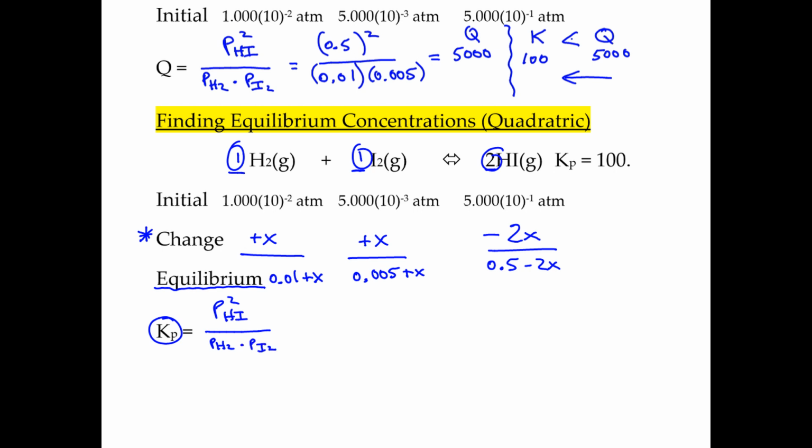And when you put your numbers in, you're going to get 0.500 minus 2x, squared, over 0.01 plus x times 0.005 plus x. So there it is. Now I have a giant mess.